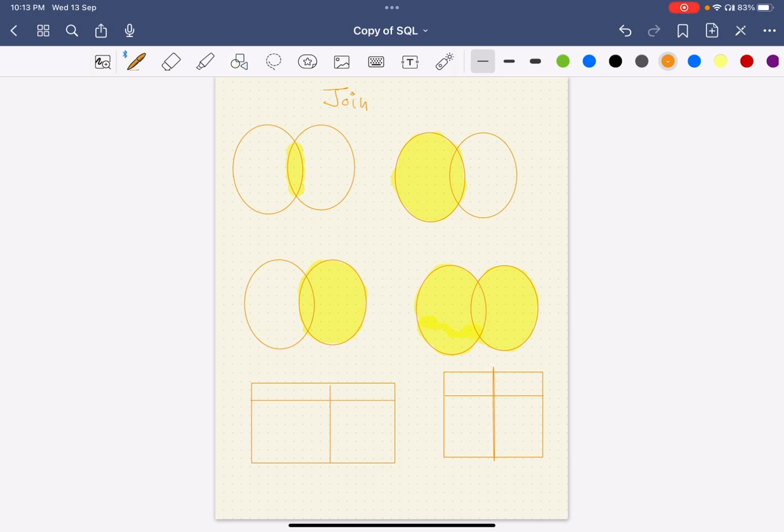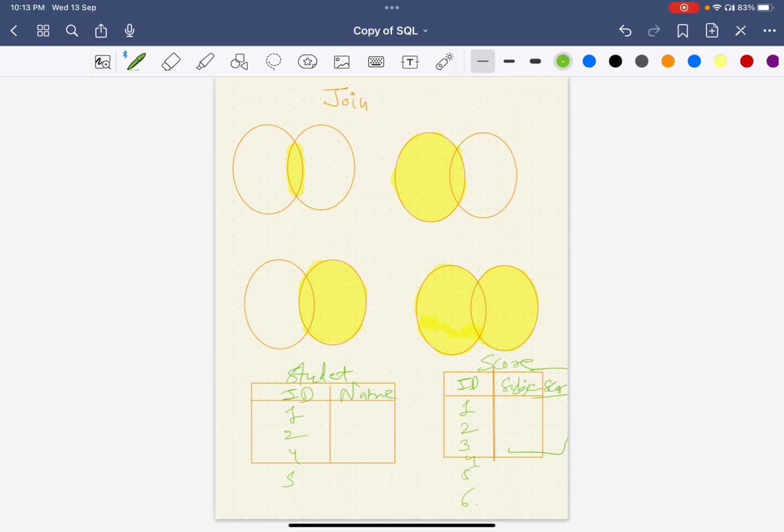We have one student table, another one is a score table. Within the student table we have ID and the name of the student. In the second we have ID, but then we have subject and the score. Now let's suppose within ID we have 1 2 4 5. Here we have 1 2 3 4 5 6, right?